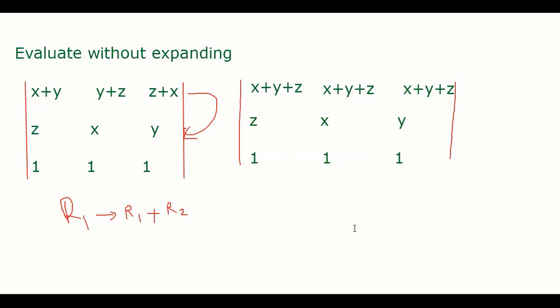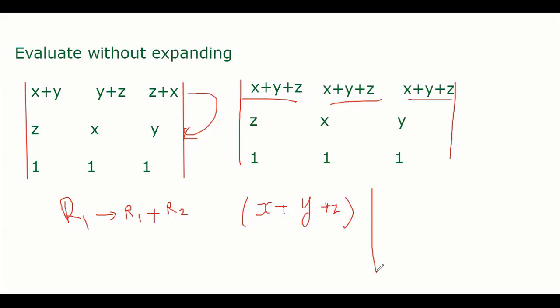Good. So now my row 1 is all x plus y plus z. What can we do next? I can take x plus y plus z out as common. So I get x plus y plus z outside the determinant. Any constant can be taken outside.